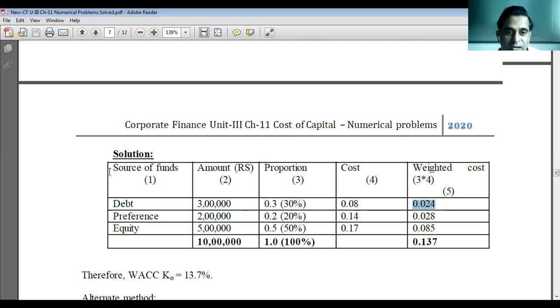So for example, first column, source of funds, debt. Amount is 3 lakh rupees. The proportion of debt capital in the total capital of 10 lakh rupees is 30%, which is nothing but 0.3. And the cost of debt capital is given in the problem.